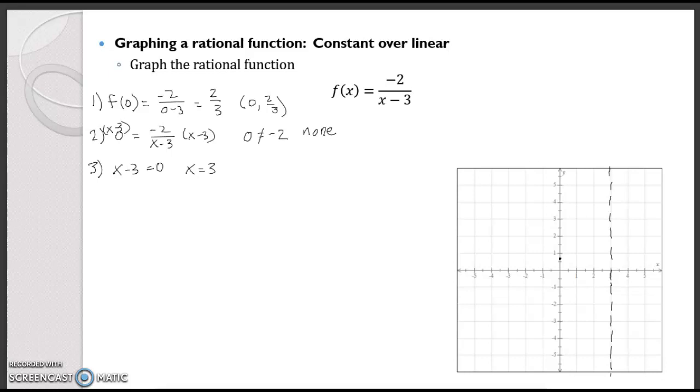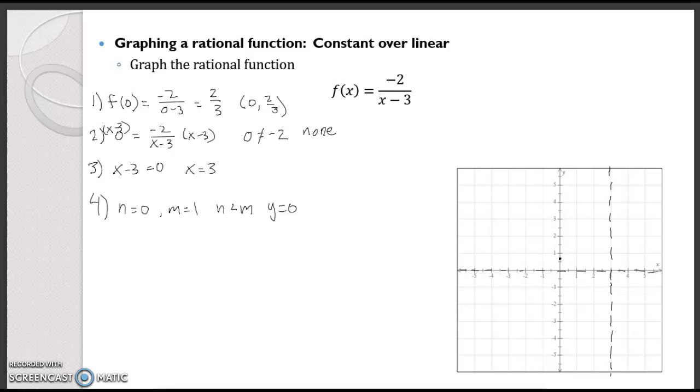And then we need to find our horizontal asymptotes. Well, the degree of the top is 0. The degree of the bottom is 1. So n is less than m, which means we have a horizontal asymptote at y equals 0. So we end up with this.